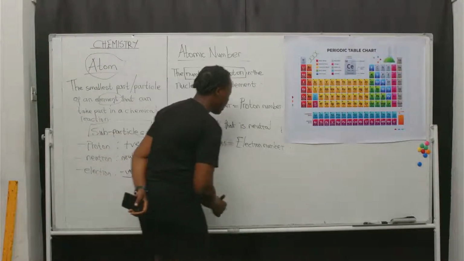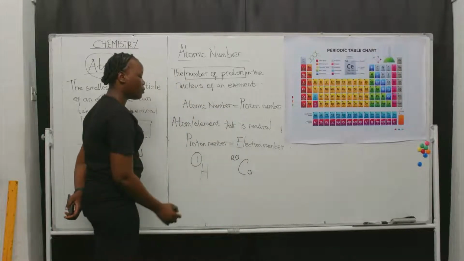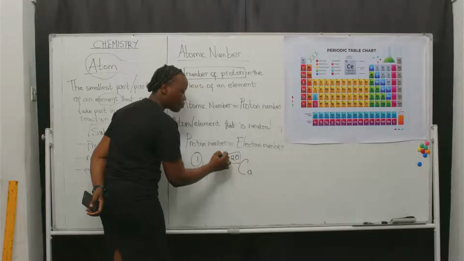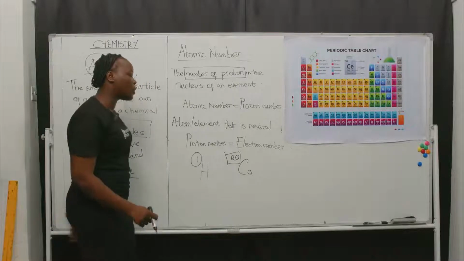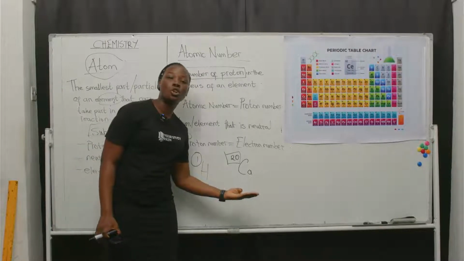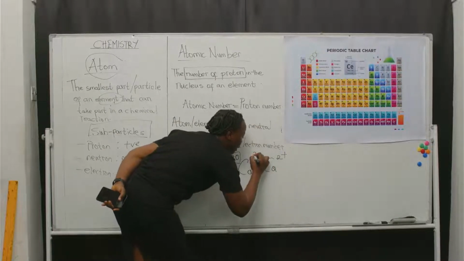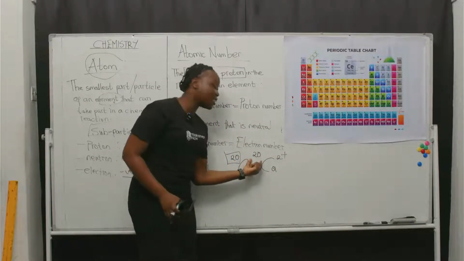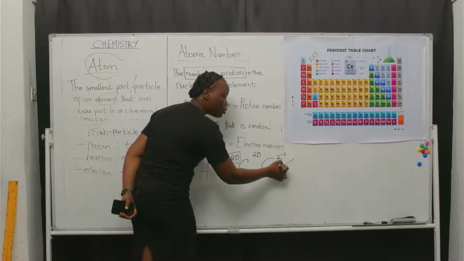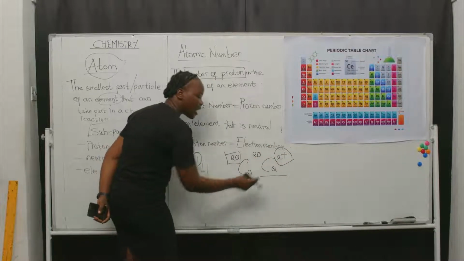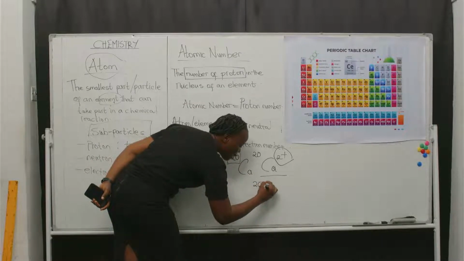Let's consider another element, calcium. Calcium is the 20th element on the periodic table. This is the proton number and is also the electron number because this calcium atom is neutral. But if we get something like calcium 2 plus and you are given 20, this 20 is the proton number, but because this calcium is not neutral, it carries a charge, the electron number is not 20, rather it is 20 minus 2.